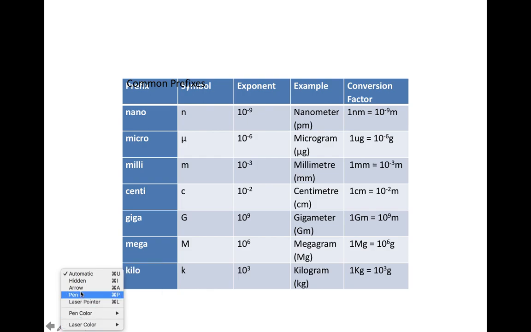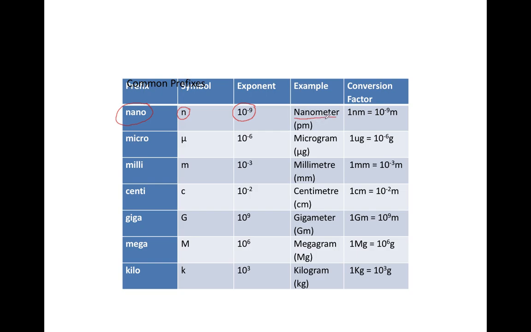For example, here you have nano, which has the symbol N, and it means 10 to the power of -9. So the full name, if we put it in front of a unit, an example could be nanometer. You could also have nanoseconds or nanograms.